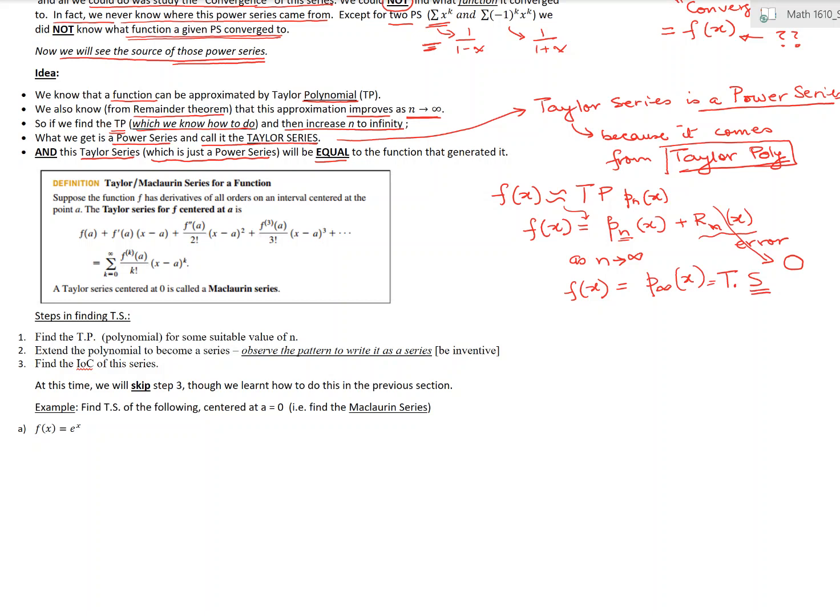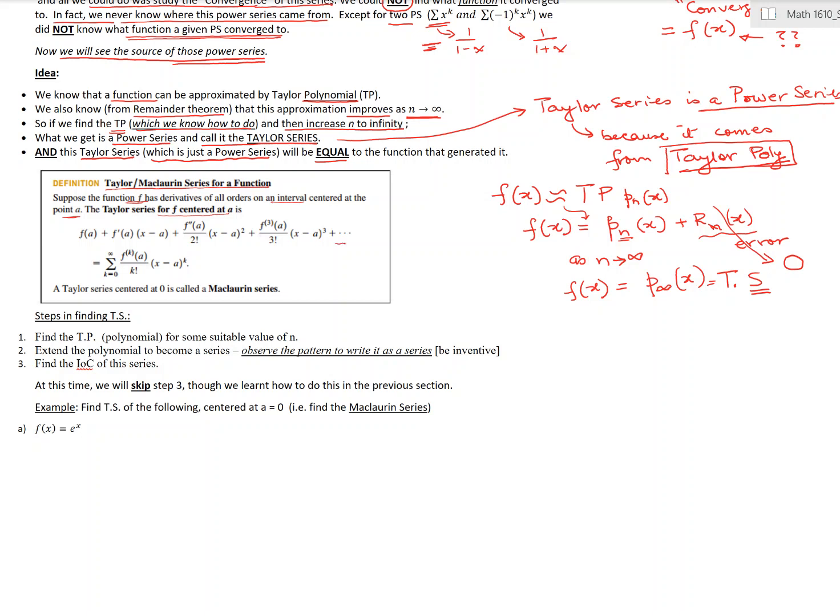Once you have this idea as to what we are doing, we can read this box and it puts it all together. So a Taylor or a Maclaurin series for a function. We are given a function f. It has all the derivatives on an interval which is centered at a, same old ideas. And then the Taylor series for f centered at a is given by this.